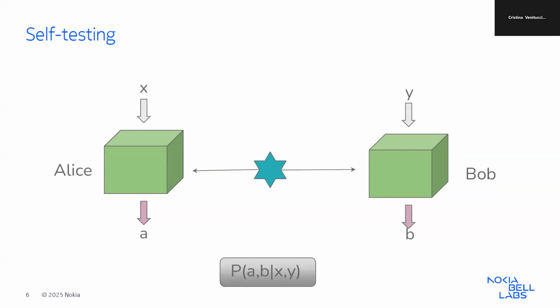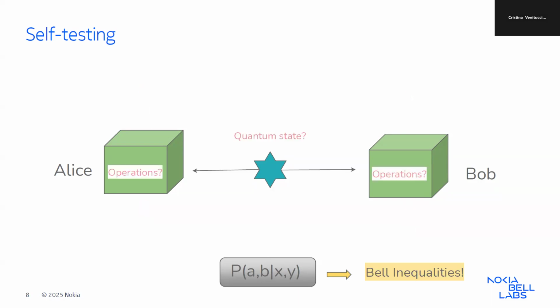And only from these correlations, we are able to use a certain tool called a Bell inequality. And from there, if this inequality is violated, we are able to infer properties about the state that is shared between the nodes, and also the operations that are done in the nodes of the network.